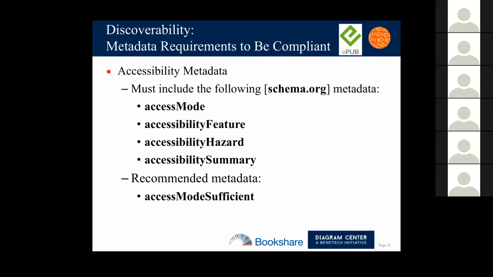If all of the images are described and have alt text, then one of the access modes can be textual, because even though there's images, they're described in text. So that would be fine. But you could also have textual in combination with visual as a combo, if there were any images that weren't described, for example.